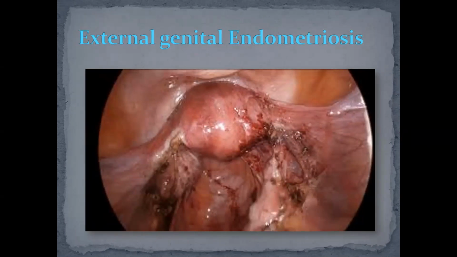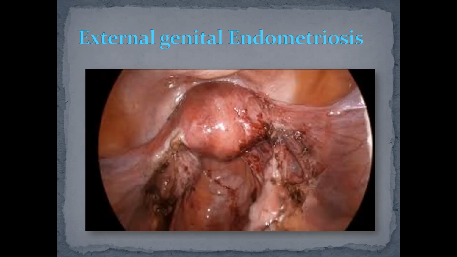One of the main causes for the tubal peritoneal infertility is external genital endometriosis. What's endometriosis? Endometriosis is a chronic progressing disease characterized by the development of endometrial tissue outside the uterine cavity.